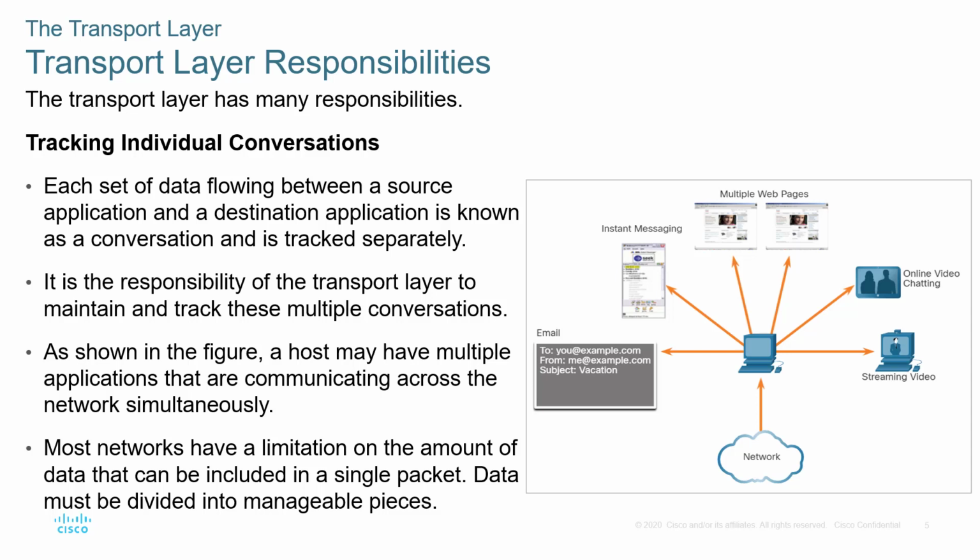This layer allows for the communication between the web browser window and your web resource. That way, when the web resource returns, it's not going back to a different window, but only the actual application window that requested the information. It is basically the responsibility of the transport layer to maintain and track all conversations.